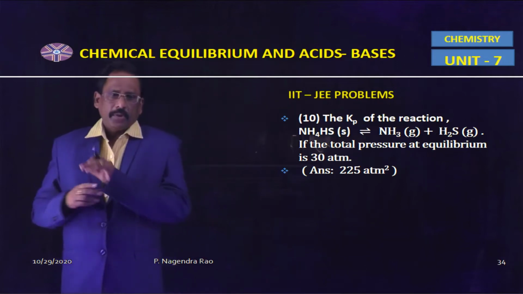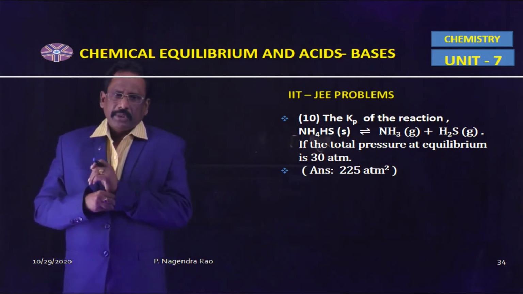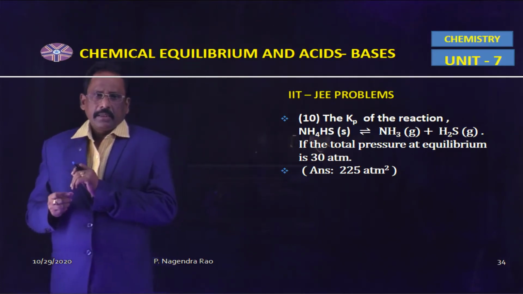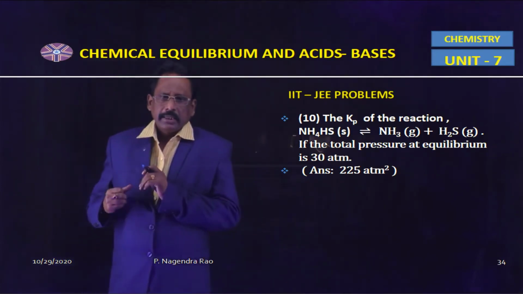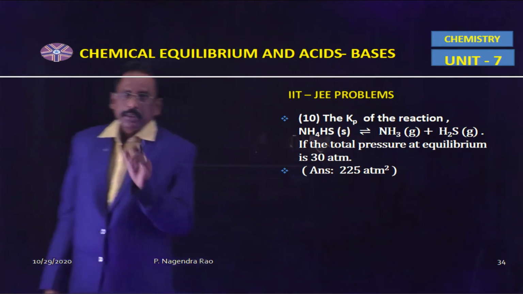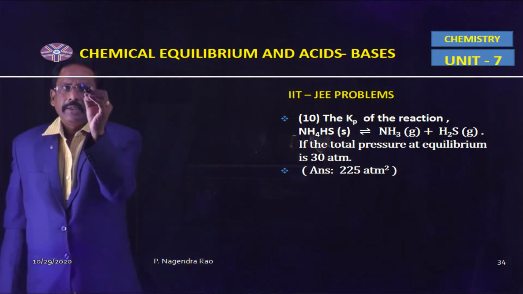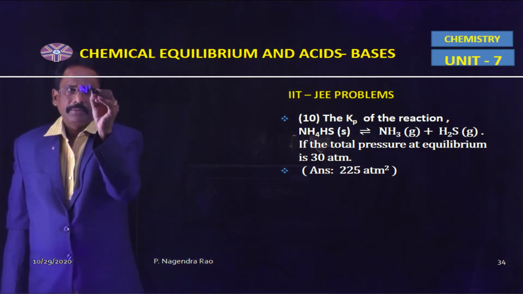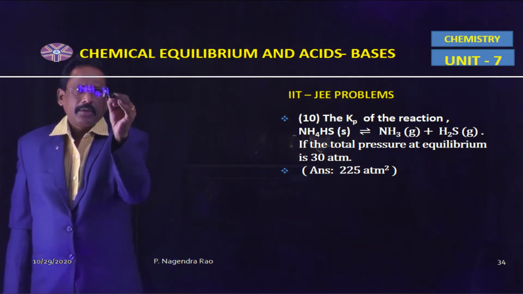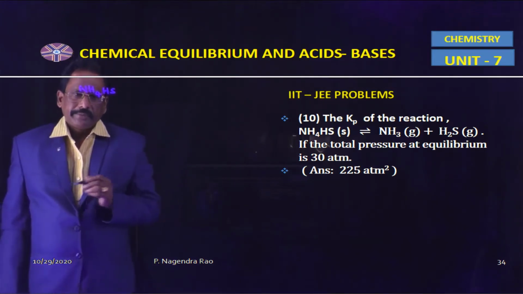In the next problem, Kp for the reaction is not given. The total pressure at equilibrium is given, which is equal to 30 atmospheres. Now this is the decomposition of ammonium hydrogen sulfide.